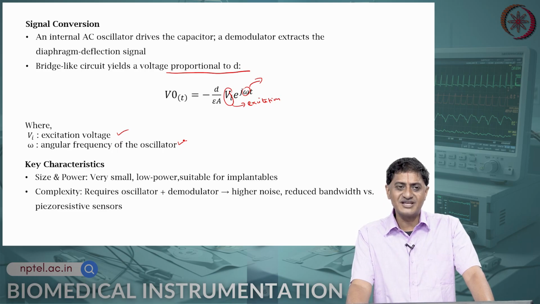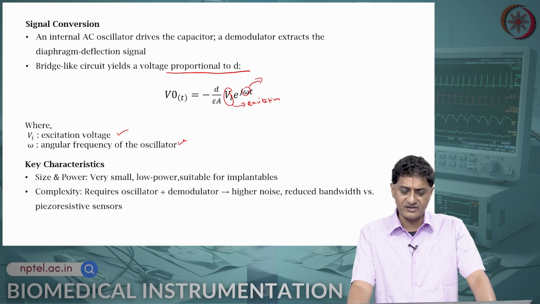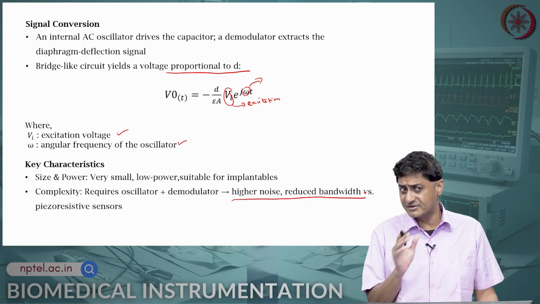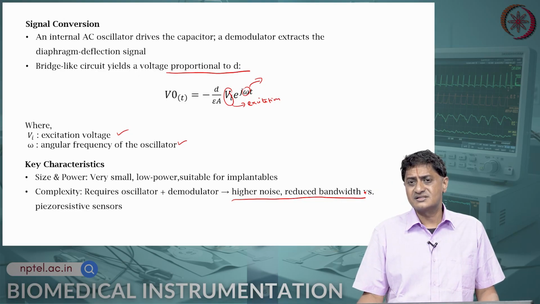But some of the challenges are that it requires an oscillator and a demodulator circuit to study what the distance is, what the displacement is. So, this means that there is a possibility of having higher noise and a reduced bandwidth. Reduced bandwidth is a challenge with this kind of sensors.